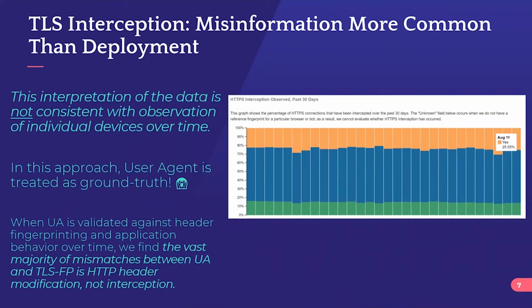Again, as I mentioned, we're in the business of monitoring devices over long periods of time and reporting to users of the system what software is running on there. So of course, user agents would be fantastically useful and make our lives so much easier if we could trust them. But what we found over time is that this absolutely is not the case.